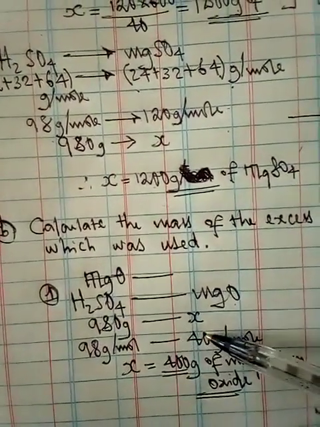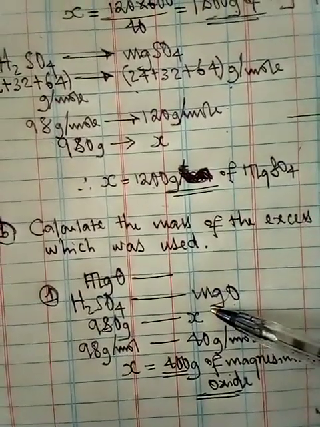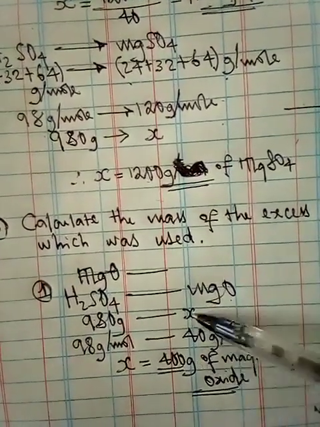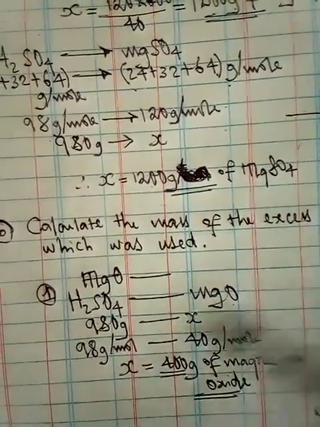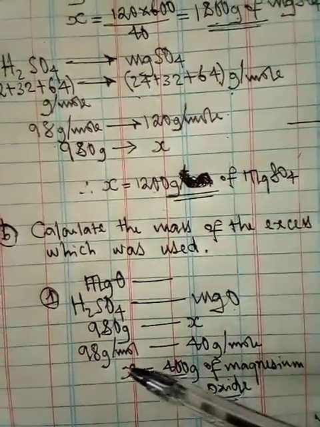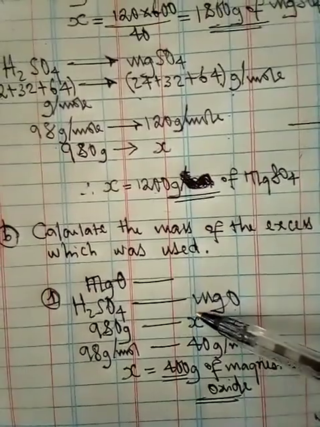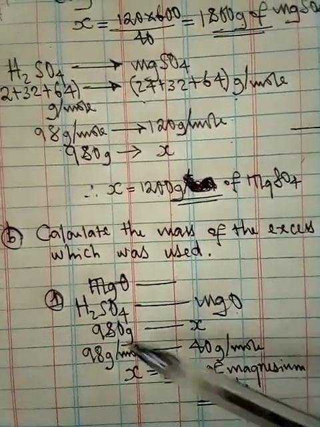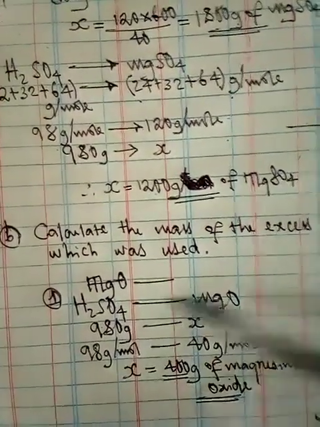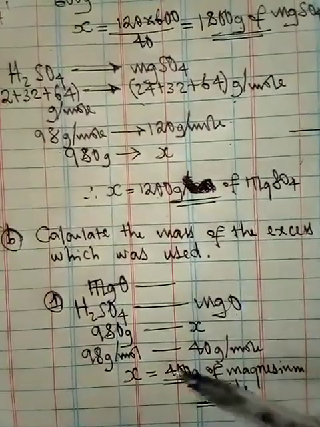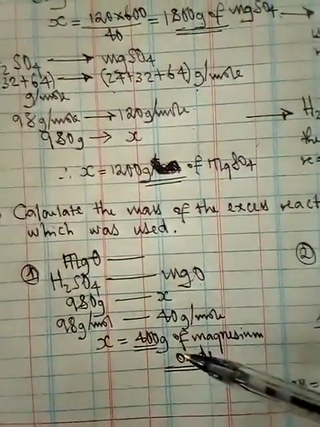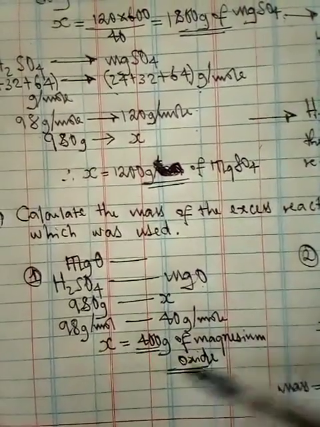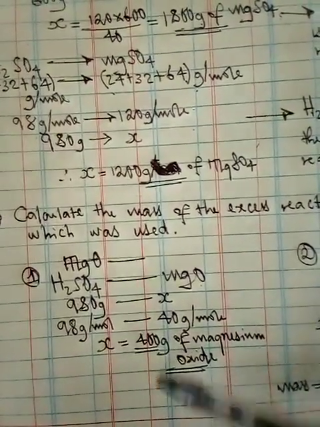So if this is 40, then our final answer is just going to be 400. That is if you just choose to go in a very fast way. But you just have to show them. So it's going to be 98 times x equal to 980 times 40, and then after you evaluate, the value is just going to be 400 grams of magnesium oxide. So this is the mass of magnesium oxide that was used.